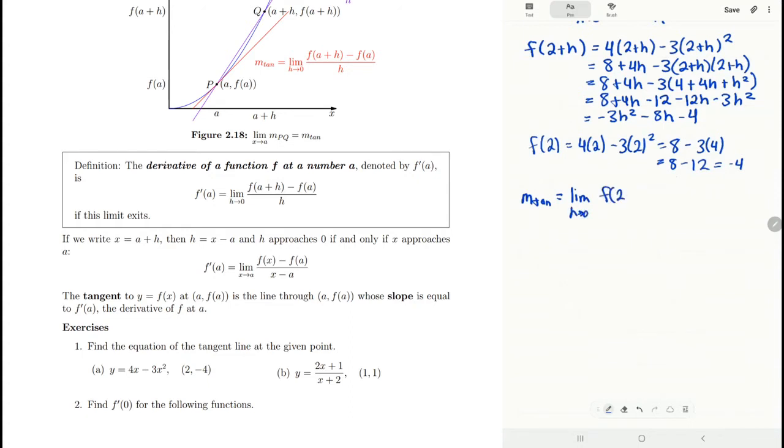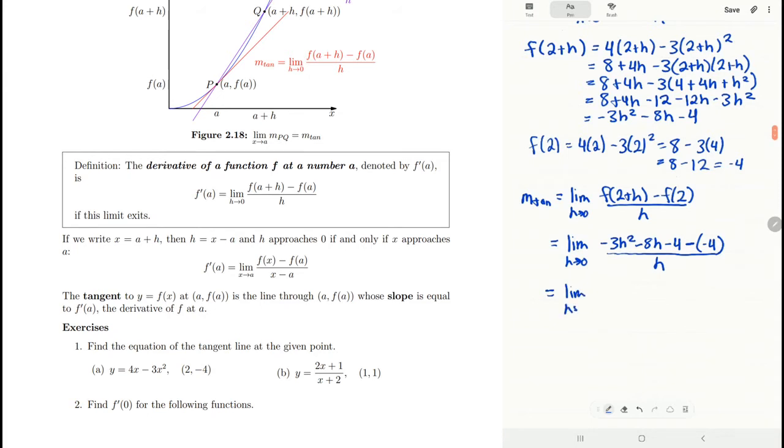Which was f of 2 plus h minus f of 2, all divided by h. So we have the limit as h goes to 0 of f of 2 plus h, which is negative 3h squared minus 8h minus 4. And then we subtract f of 2, which is negative 4, and that's all divided by h.